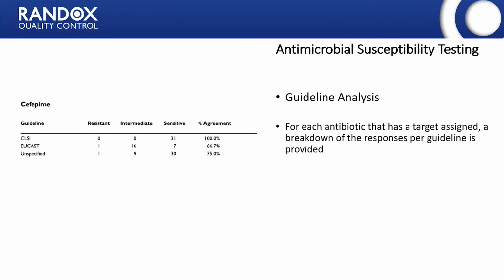Although we do still have a few labs that are saying it's sensitive as well. The unspecified, we believe, once the program develops, there'll be less and less people that are unspecified. We had to record that in the pilot like that just because labs didn't specify their guidelines. But that is the important aspect of this antimicrobial susceptibility testing.